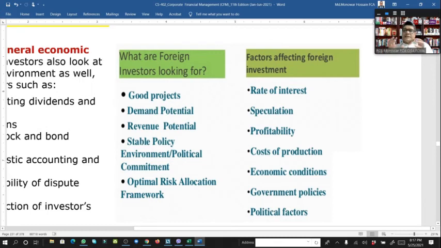That means 70% loan they take for establishing the company, 30% is their equity. So here, if the interest rate is high, then they cannot survive, because they have to pay more interest expense than their expectation.